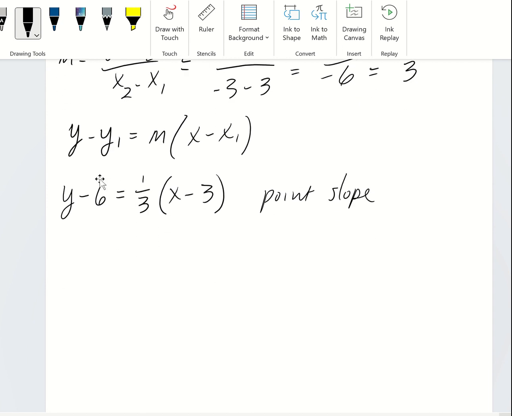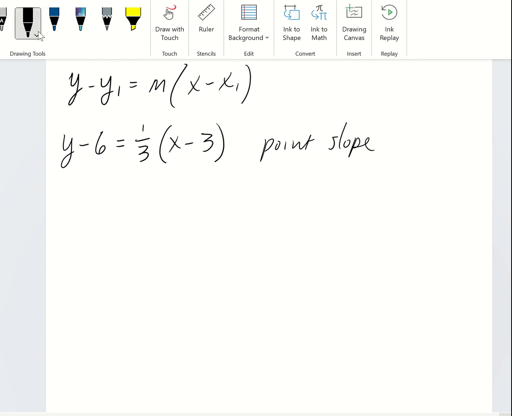Now I'm going to simplify or convert to slope-intercept form. So I'm going to distribute the 1/3. So you get y minus 6 is equal to 1/3 x minus 1. 1/3 times negative 3 is negative 1.